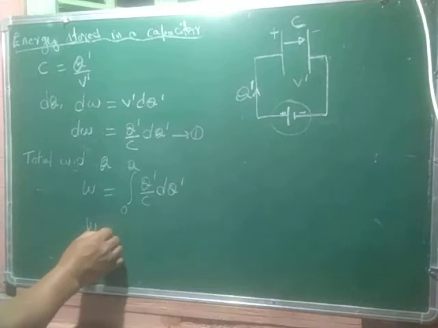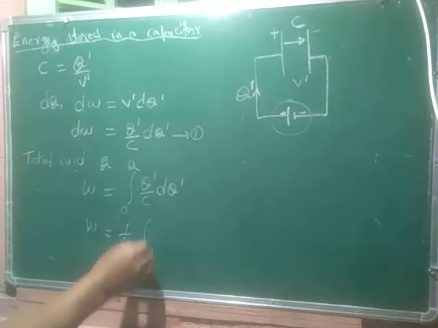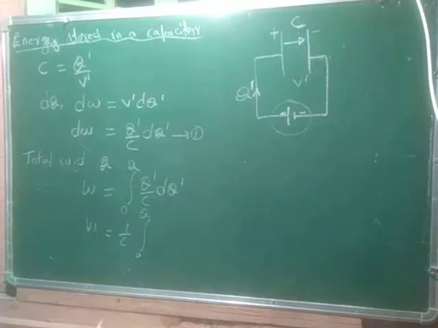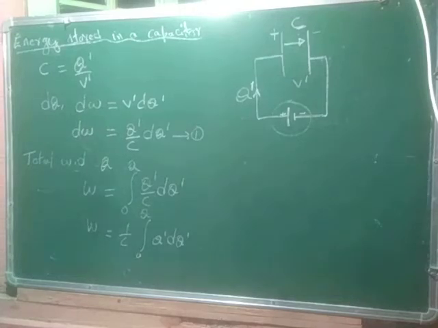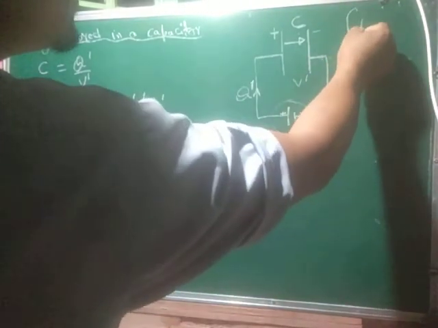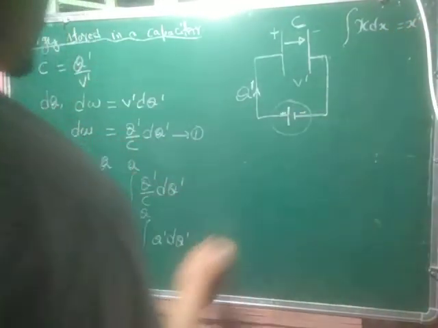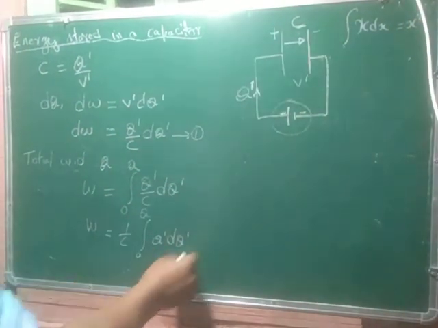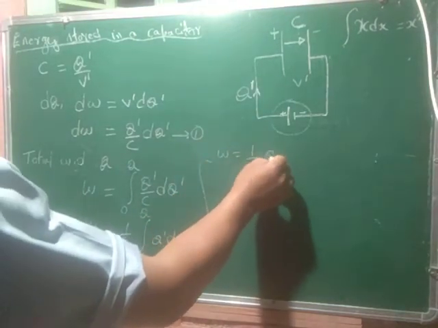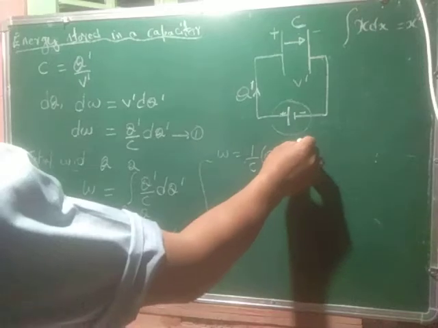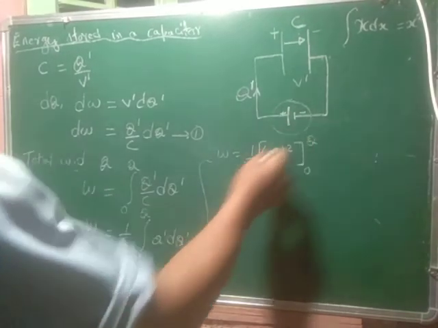Or we can say W equals, since C is common, I will take it outside, and you integrate only from 0 to Q of Q dash dq dash. As you know, the integration of x dx is x square, so similarly the integration of Q dash dq dash will be Q dash square, and the limits of integration are from 0 to Q.